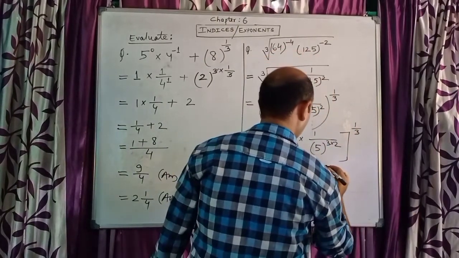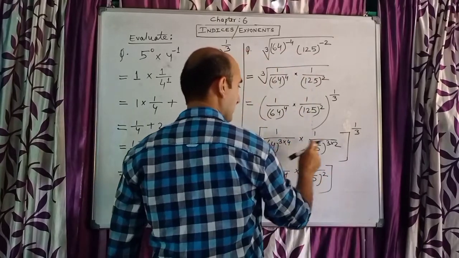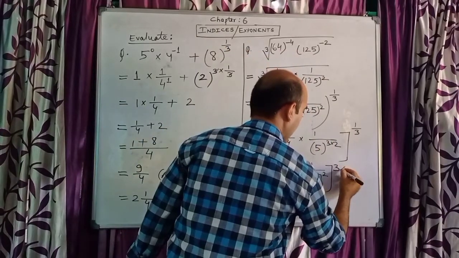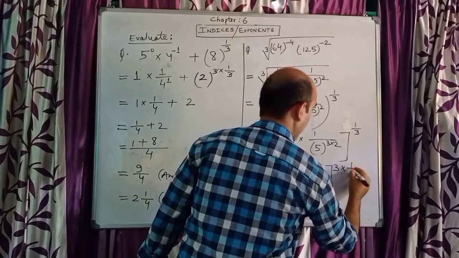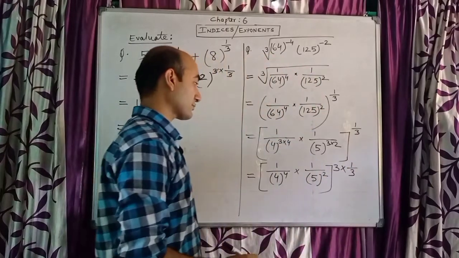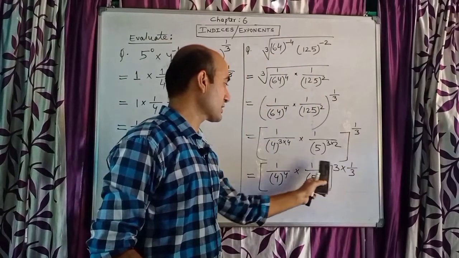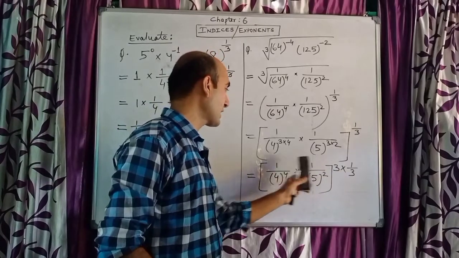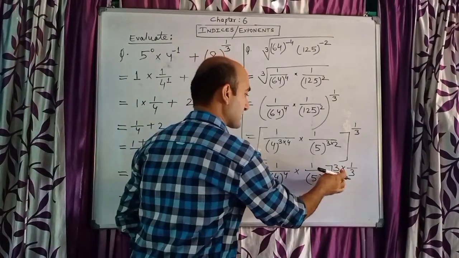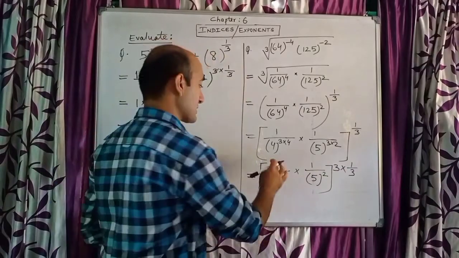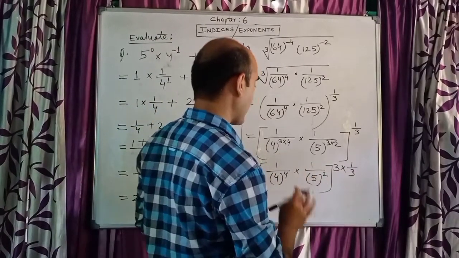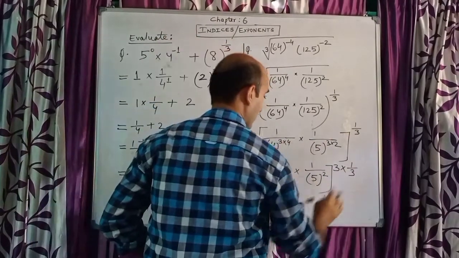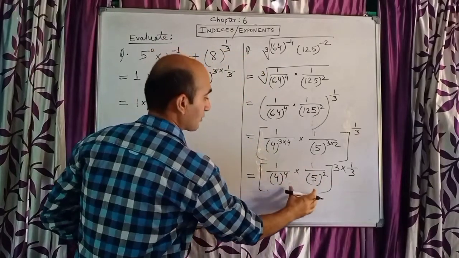I will close the bracket, and both 3 will come outside and I can write 1 by 3, because 1 cube also is 1. By writing this 3, the value of 1 is not changed, and this 3 also came out. Now you see the number is becoming smaller and smaller.